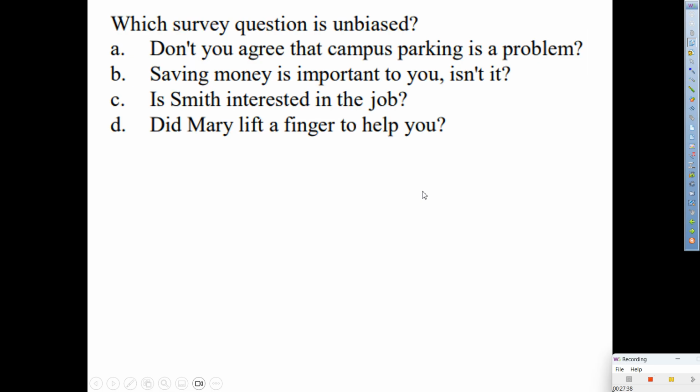Next, which survey question is unbiased? So let me elaborate. Which one is unbiased? Or which one does not gaslight or try to manipulate your thinking in regards to that?